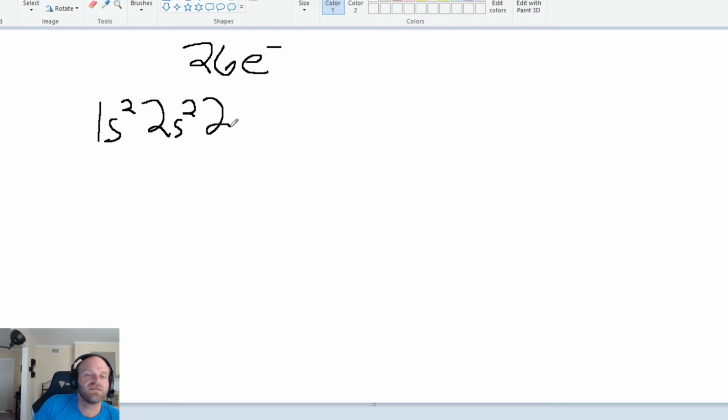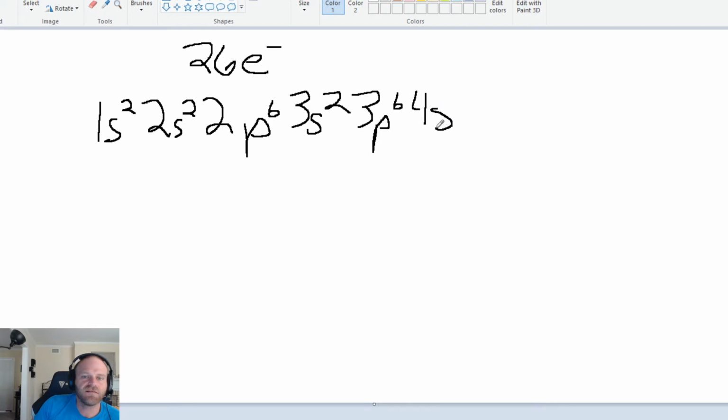Alright, so next is 2p6 and then a 3s2, 3p6, 4s2. Alright, and now this is when the pattern kind of changes a little bit.